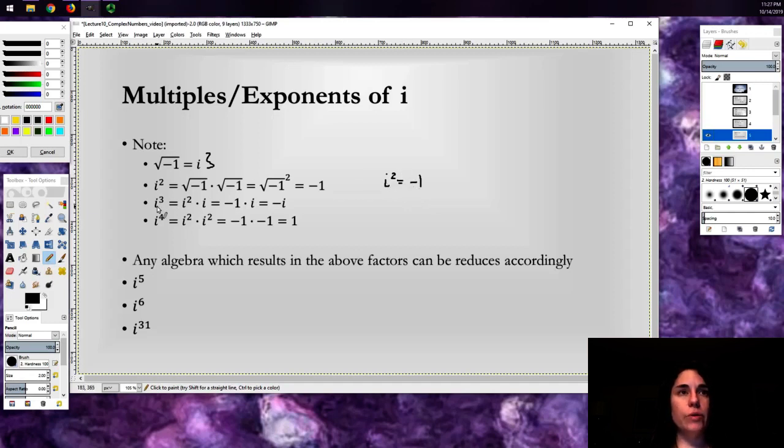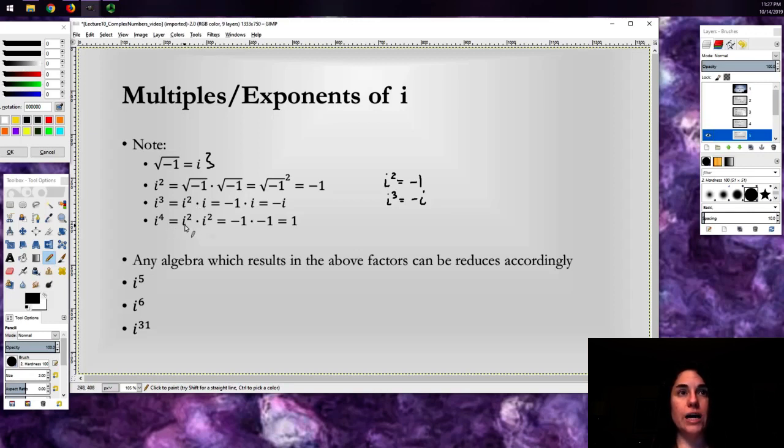Very convenient. We're going to keep this as we move forward. If I want to evaluate i cubed, well, I'm going to recognize i cubed as i squared times i. I'm going to recognize i squared as negative 1, as I figured out in the line right above. And I still have the i term, so I get i cubed equals negative i. This is an interesting pattern, right? i to the 4th power, we're going to have the same trick as the line before.